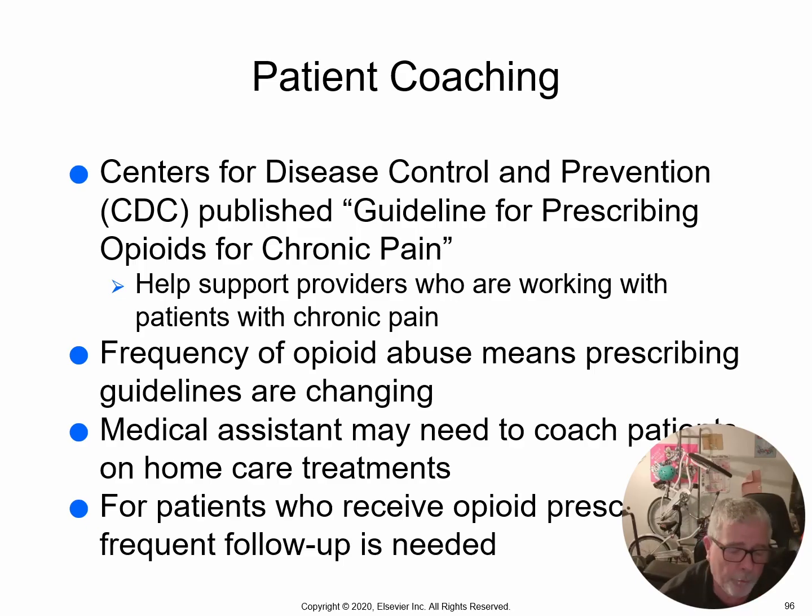Opioids are still an important medical intervention, and they should be used appropriately, especially for patients who are in severe chronic pain. Withholding these medications is basically cruel and poor medicine. But the frequency of opioid abuse means prescribing guidelines are changing. By law now, most standalone ambulatory care facilities are only allowed to prescribe opioids for 5 days max.